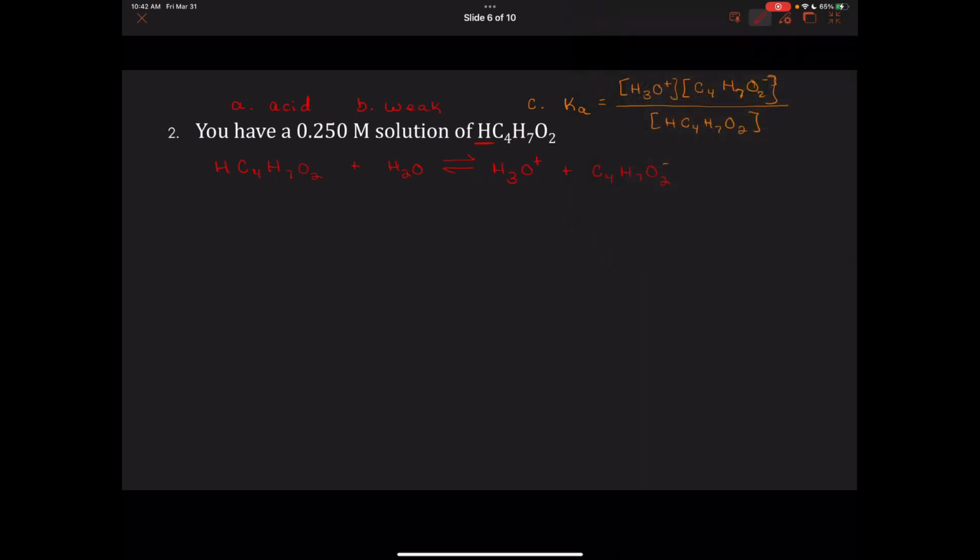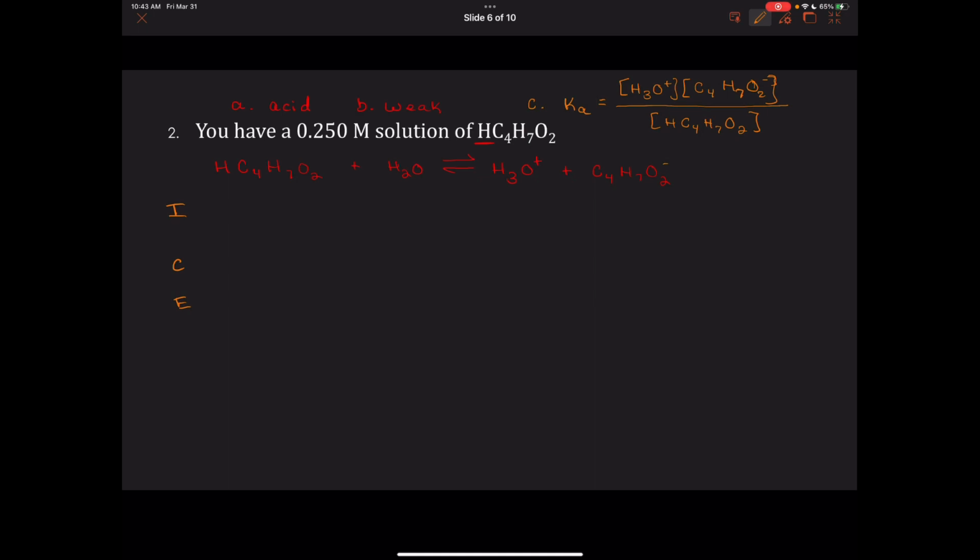We're being asked to set up an ICE table in order to determine the concentrations of all materials present at equilibrium. And so we're going to set this up just like we would problems in previous chapters. So we've got our reaction here. Below it, we're going to set up our rows labeled I, C, and E. And we're going to plug in any information we're given in the problem.